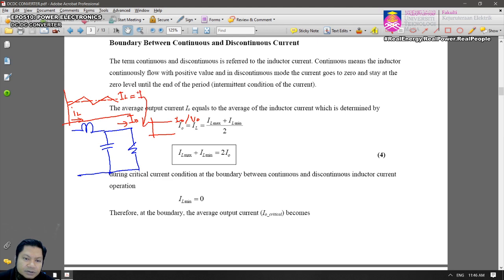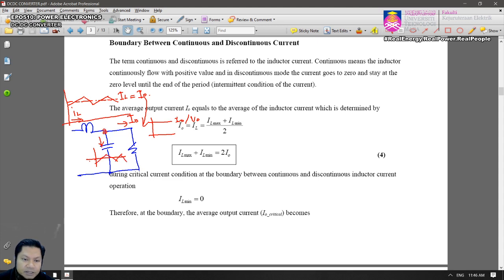What is left is a ripple current that flows through your capacitor here.